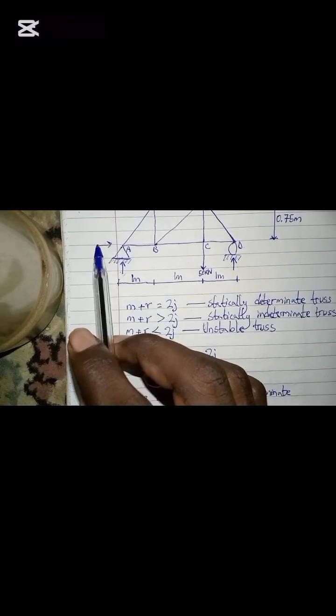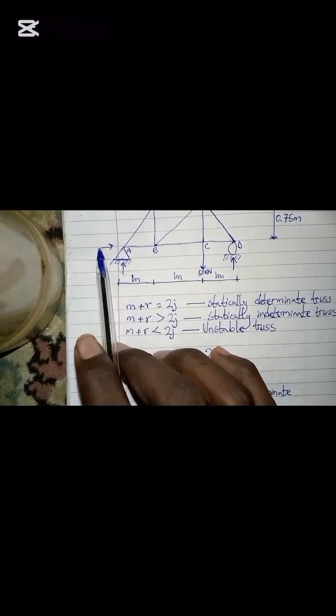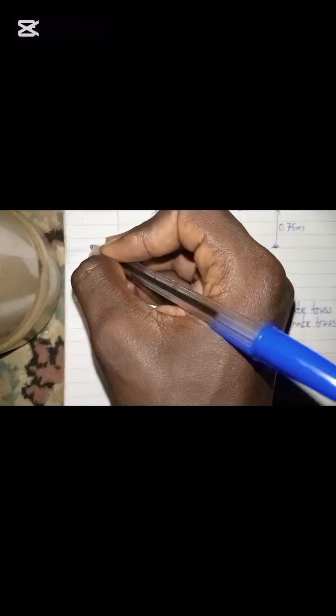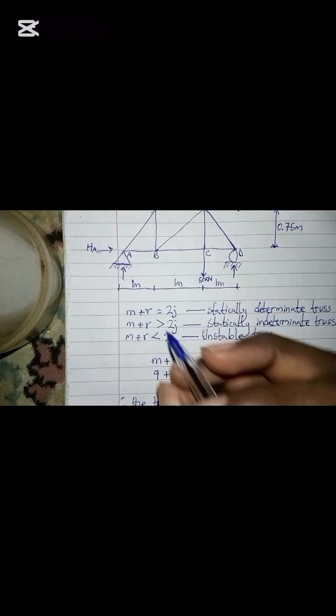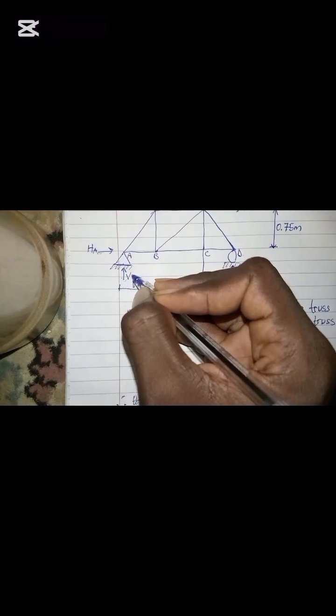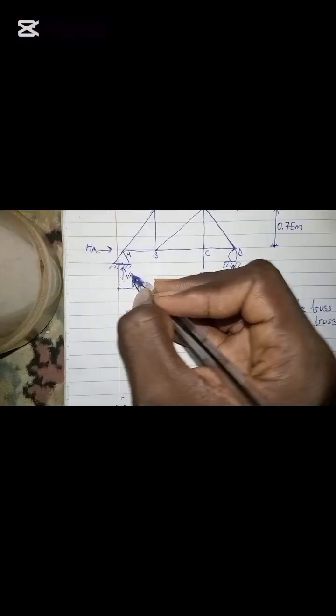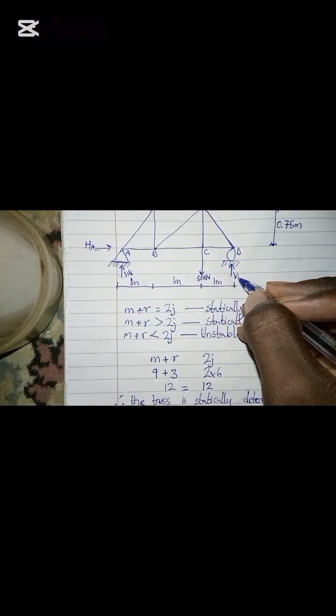Okay, so we have unknown reactions, and we have to find them. This one will be reaction HA. Let's name this one VA, and this one VD. So we are finding the unknown reactions.